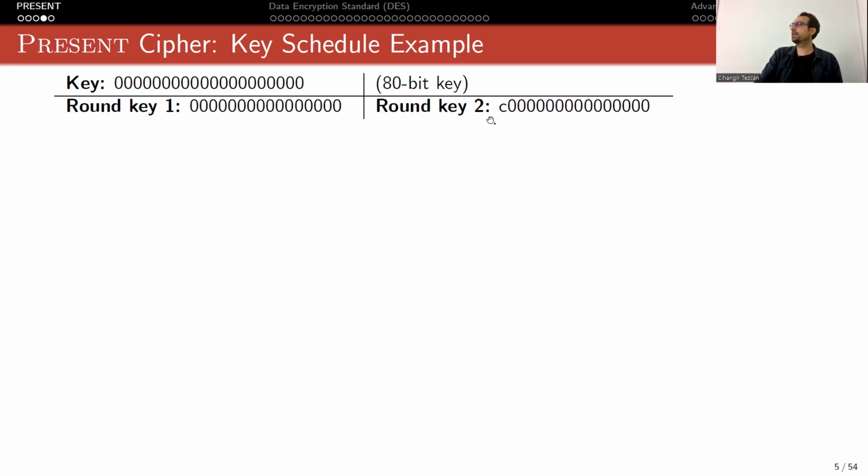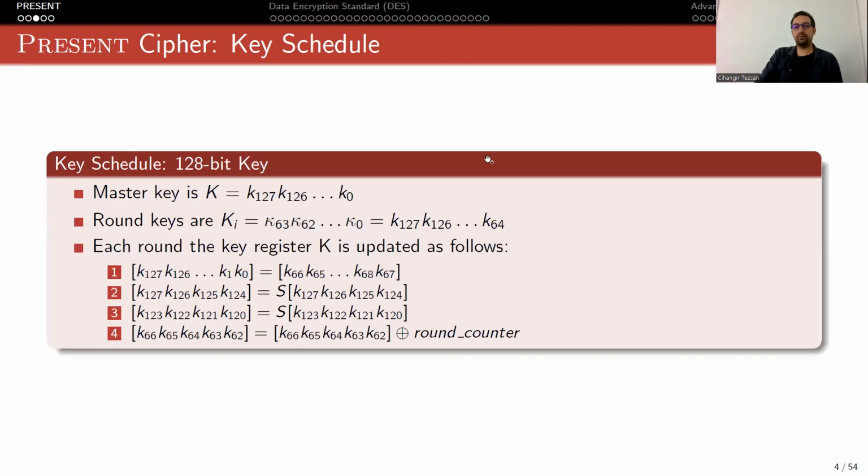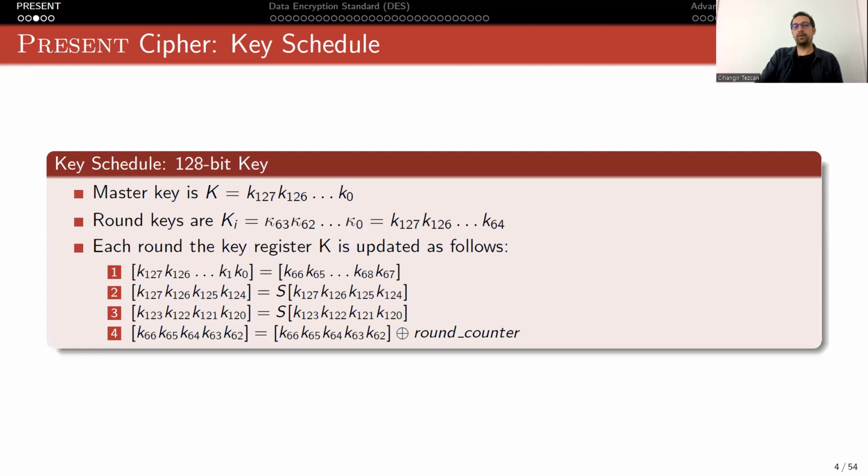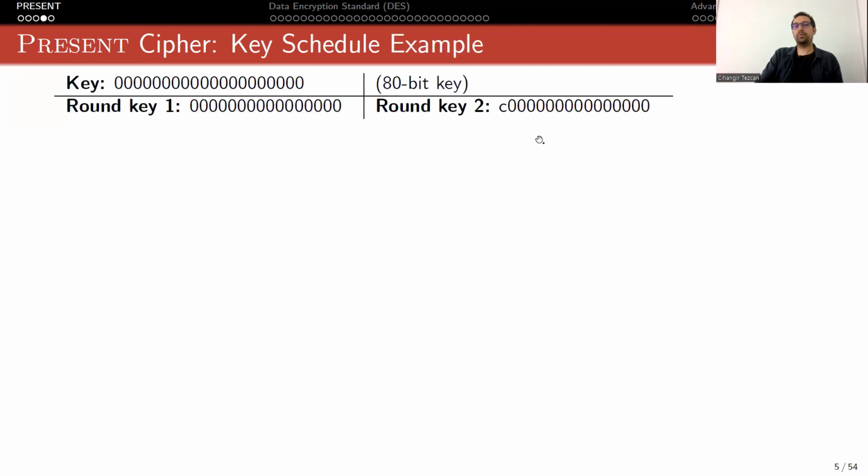This C comes from the SBox operation. So if I go back, it is because of this, or in the figure this. Okay. So at this point, my master 80 bits become C and zeros, and also the XOR with the round key.